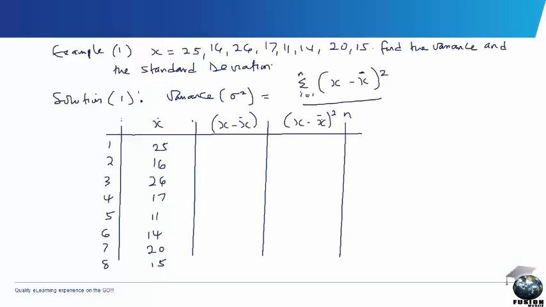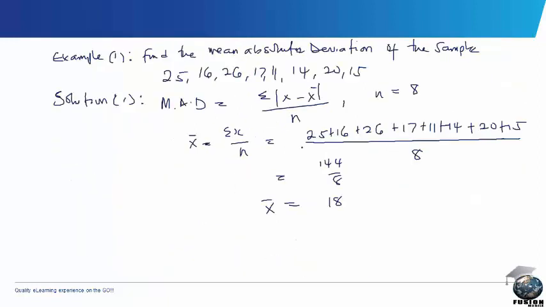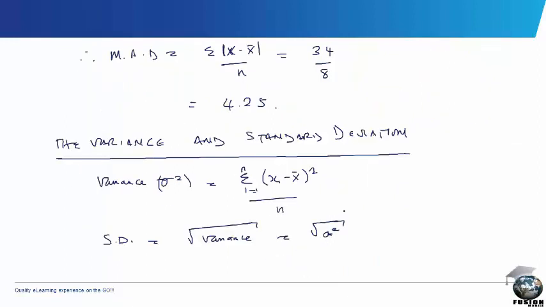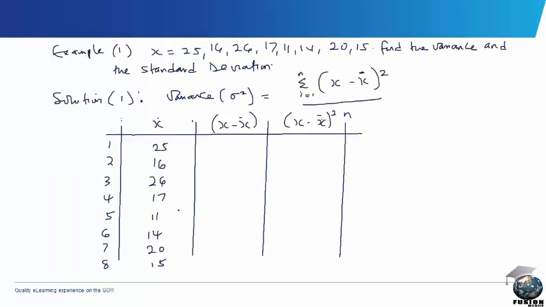So how do we determine our x bar? x bar is equal to the summation of x all over n. And we already have x bar from the last example, x bar is equal to 18. You can as well check it out for yourself.